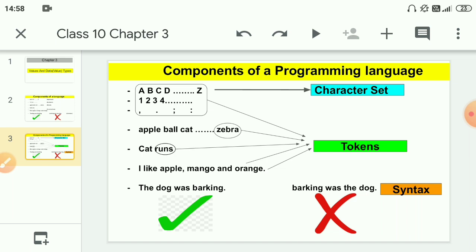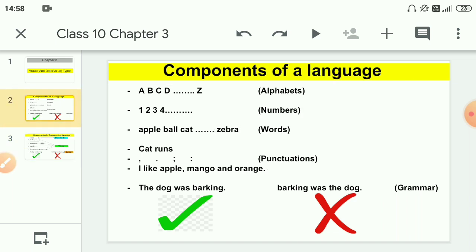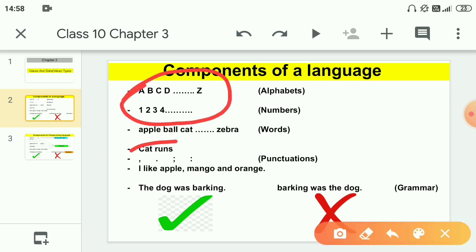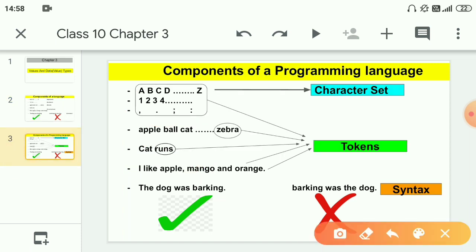Again, I will quickly revise that all the characters, numbers and symbols in a normal English language are known as the character set in terms of a programming language.